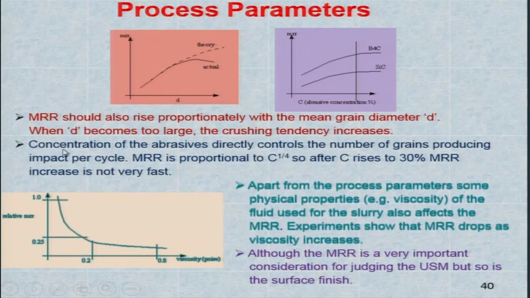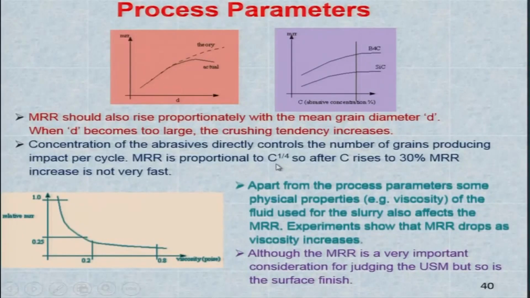Now, the concentration of the abrasive directly controls the number of grains producing impact per cycle. By concentration we mean how much grain is per unit volume of the fluid or the jet.